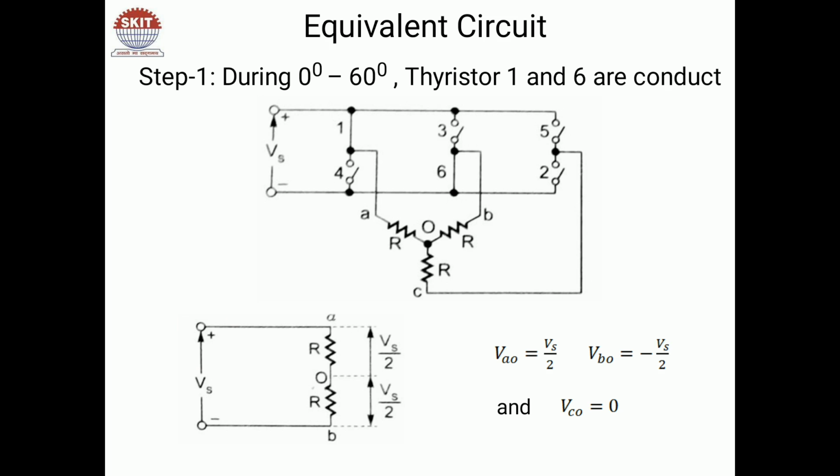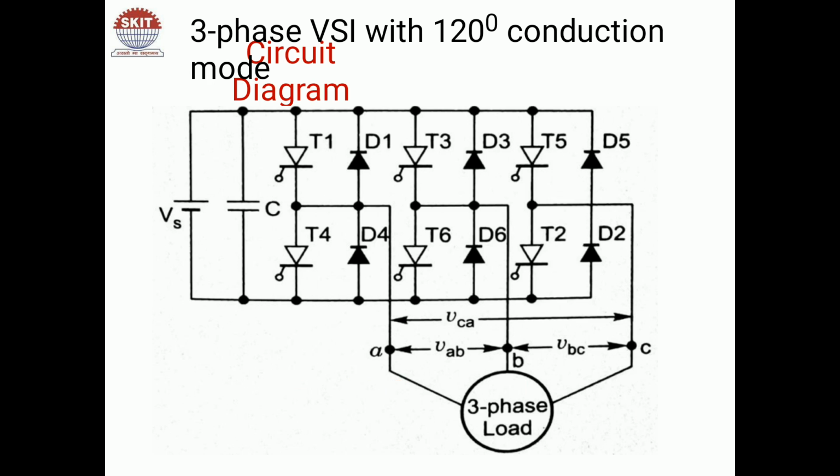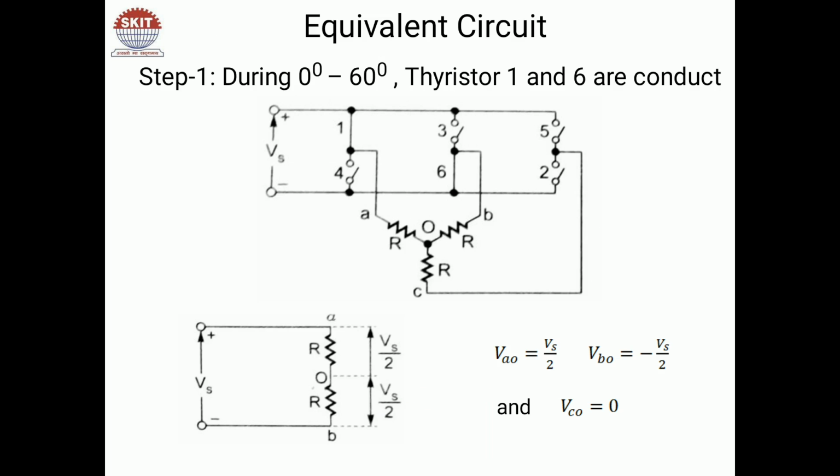And point B is connected to the negative terminal of the supply through thyristor T6, and we observe that no SCR is conducting from leg C. So point C will be open, and point O is the neutral point.